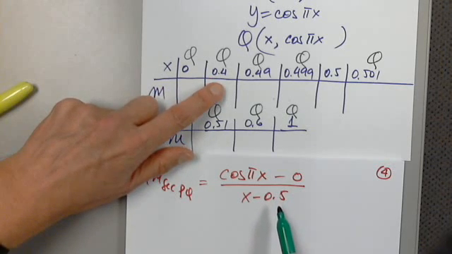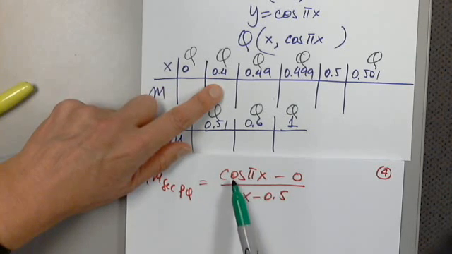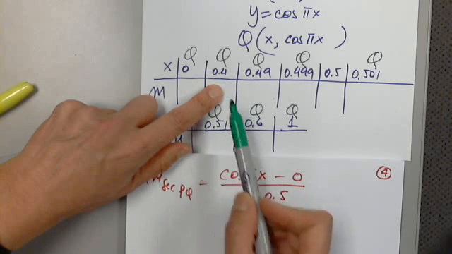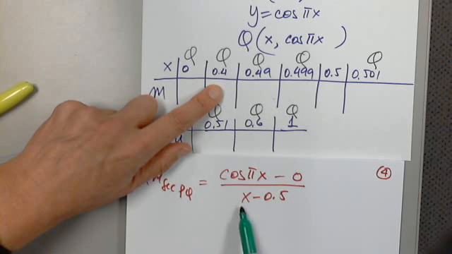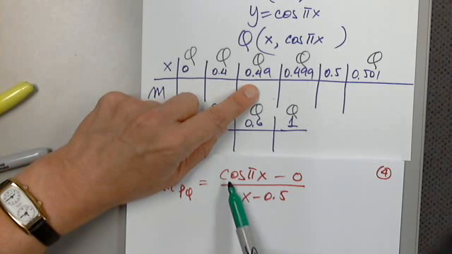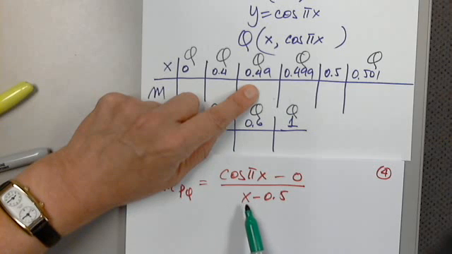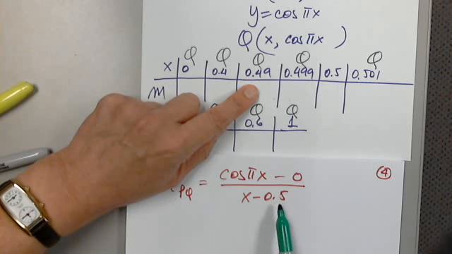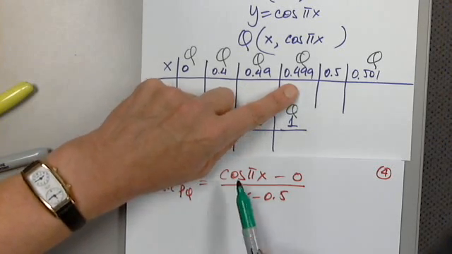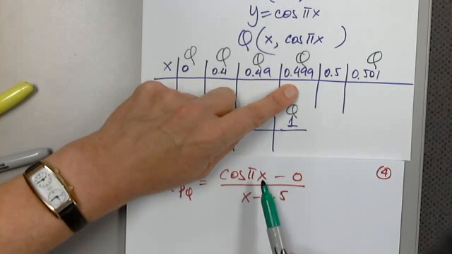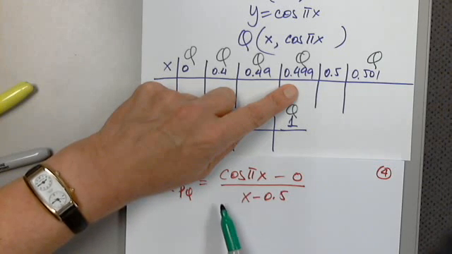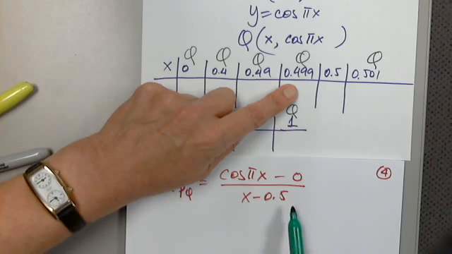Then we're going to move on to 0.4. Cosine pi times 0.4 minus 0 over 0.4 minus 0.5. Then cosine 0.49 pi minus 0 over 0.49 minus 0.5. And then cosine pi times 0.499 minus 0 over 0.499 minus 0.5.